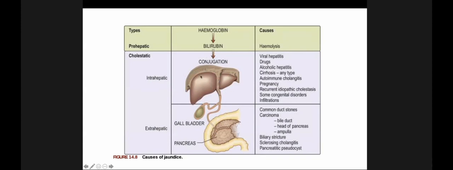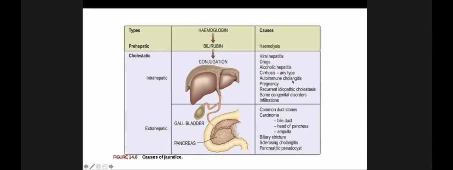Within the liver: infections like viral hepatitis, drugs and toxins, and under toxins we can include alcohol. Cirrhosis of any type can cause jaundice, because the liver is not functioning. When the liver fails, you can get hyperbilirubinemia, but usually it's in the late stage.